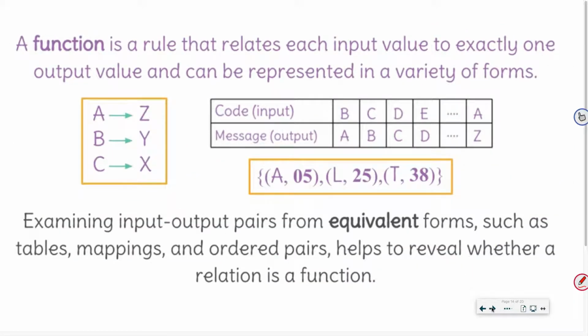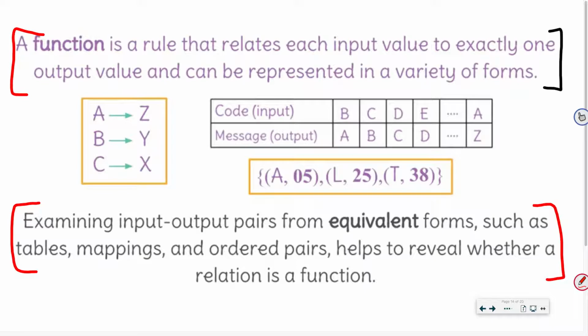A function. This definition. We're going to write this definition down. It's a little bit more than we would normally write, but these are important terms. A function is a rule that relates each input value to exactly one output value and can be represented in a variety of forms.